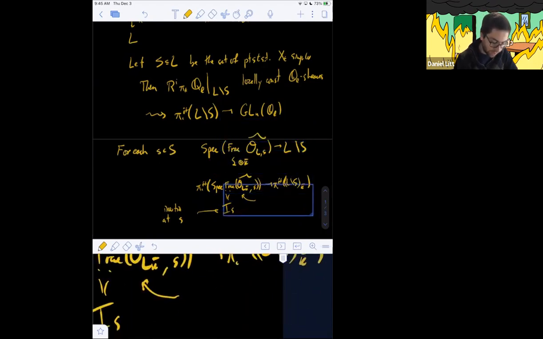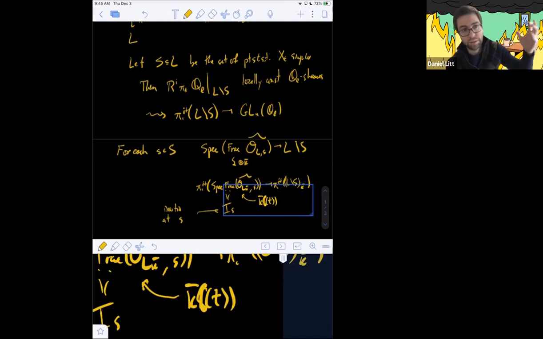So what is this field? This field is just k bar double parentheses T. So if you'd like, the inertia group is just the absolute Galois group of that field. But it's a subgroup of pi1 because there's a map from that field into your ring. Does that answer your question, Ben?